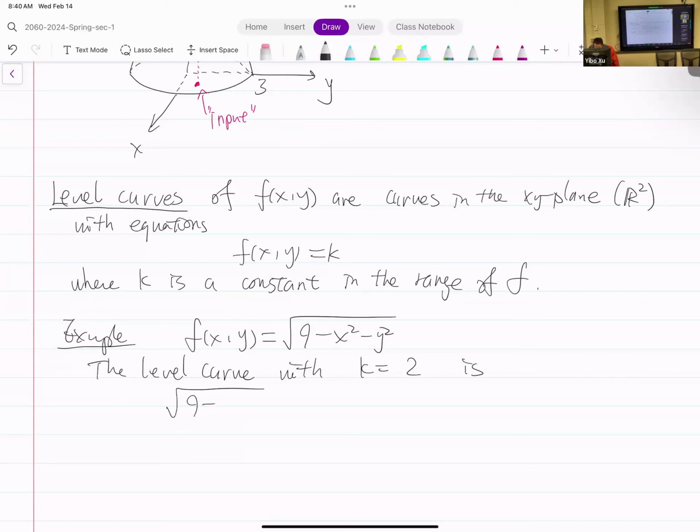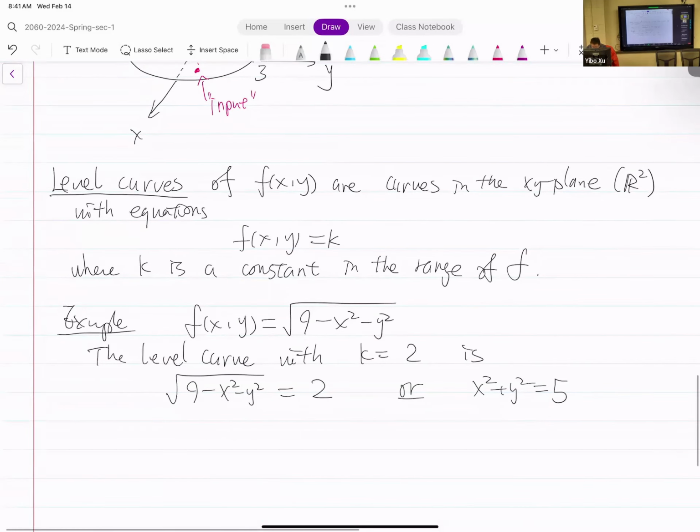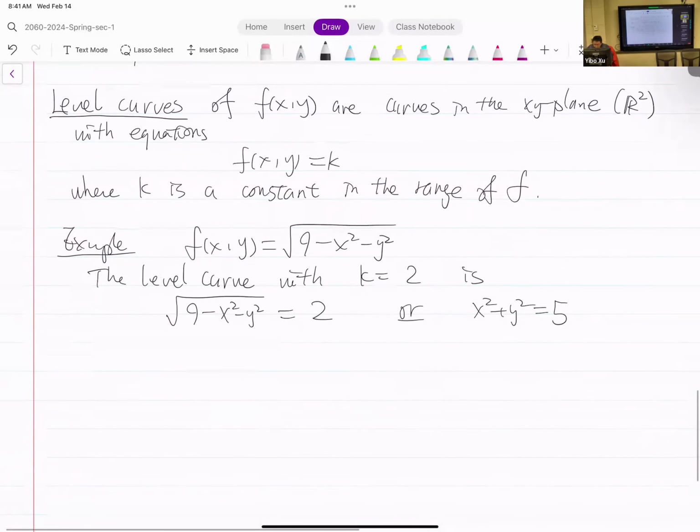So that's the square root of 9 minus x squared minus y squared has to be 2, and we rearrange the expression by squaring both sides and simplifying. We will get x squared plus y squared is 5, right? So basically, if you must have an output of 2, that tells you the radical has to have an input of 4. Okay? x squared plus y squared must be 5, which is a circle.